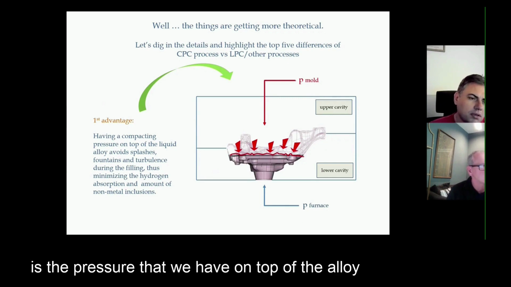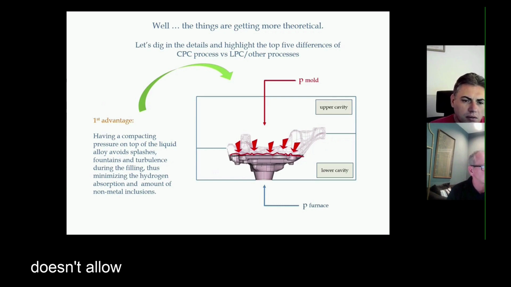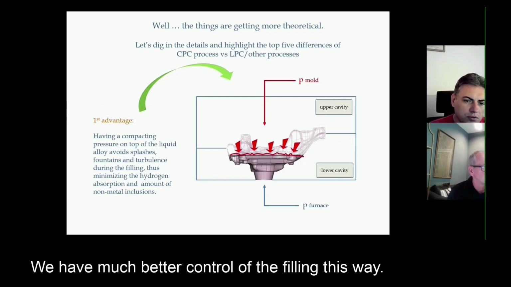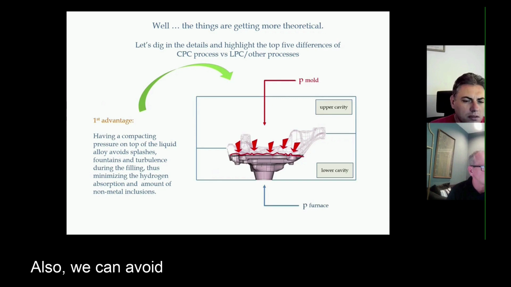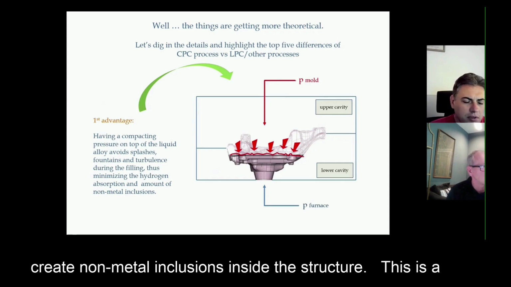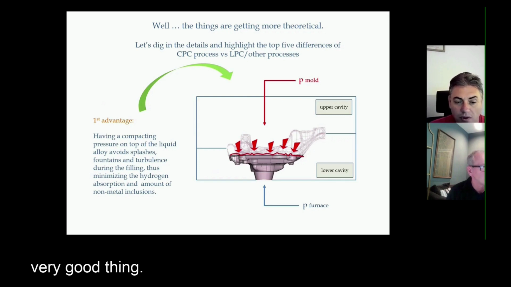First advantage is that the pressure that we have on top of the alloy doesn't allow, during the filling, splashes, fountains, or turbulence in the alloy, and we have much better control of the filling this way. In this way, we can avoid grabbing additional hydrogen in the alloy and creating non-metal inclusions inside the structure, which is a really good thing.